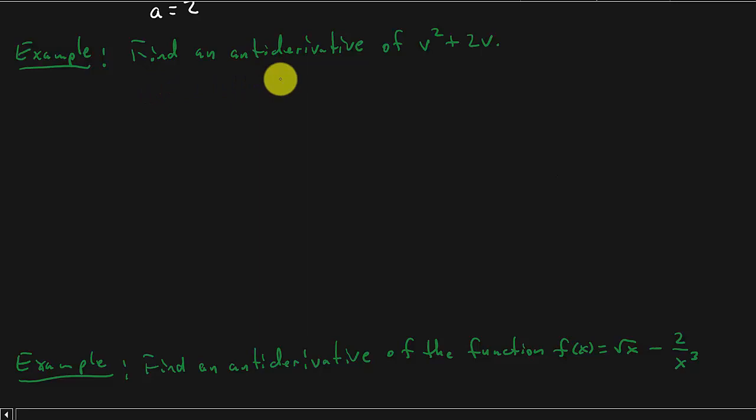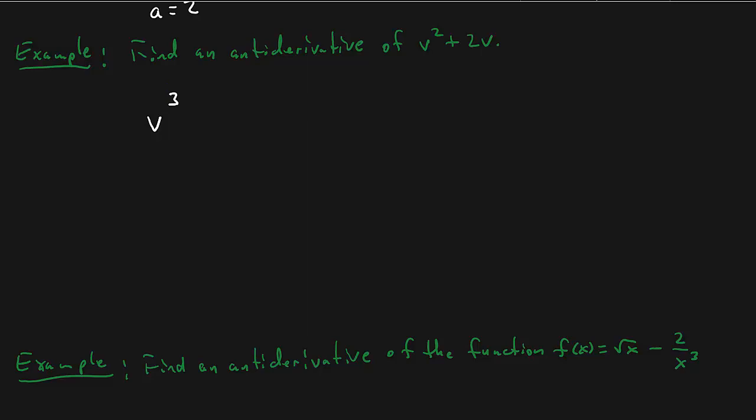Find an antiderivative of v squared plus 2v. All right. So let's just take it term by term. So that's going to be v cubed. Okay, so the next thing we got to ask ourselves, what do we need in front of v? What does this coefficient need to be?